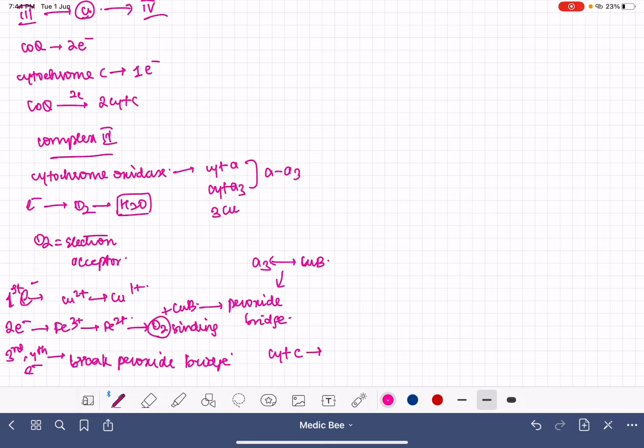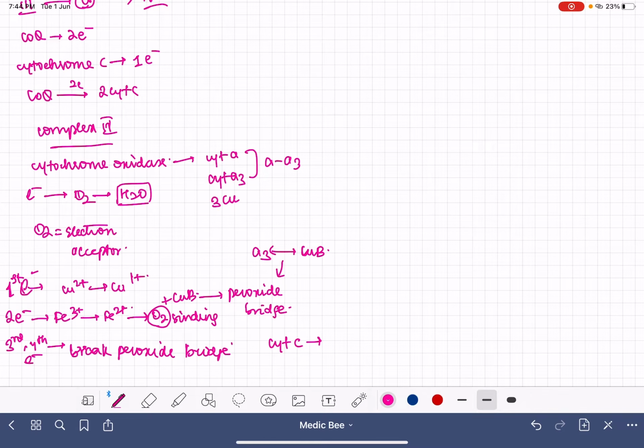So the electrons go from cytochrome C to copper A, then cytochrome A, then cytochrome A3, and finally copper B.